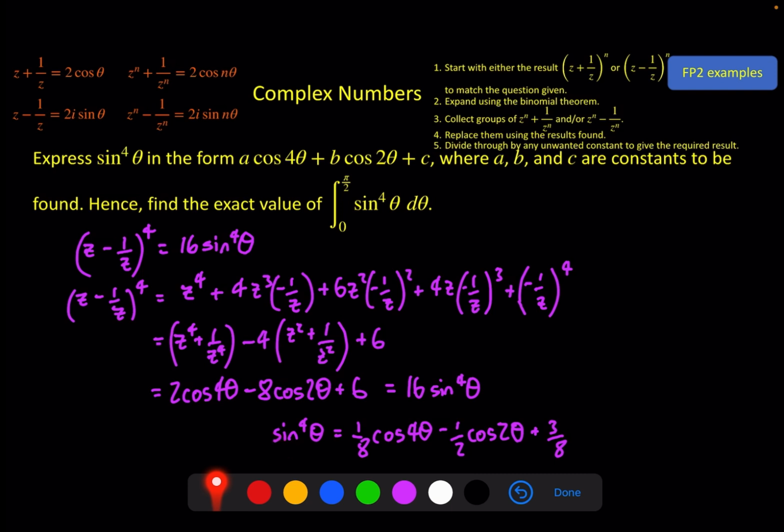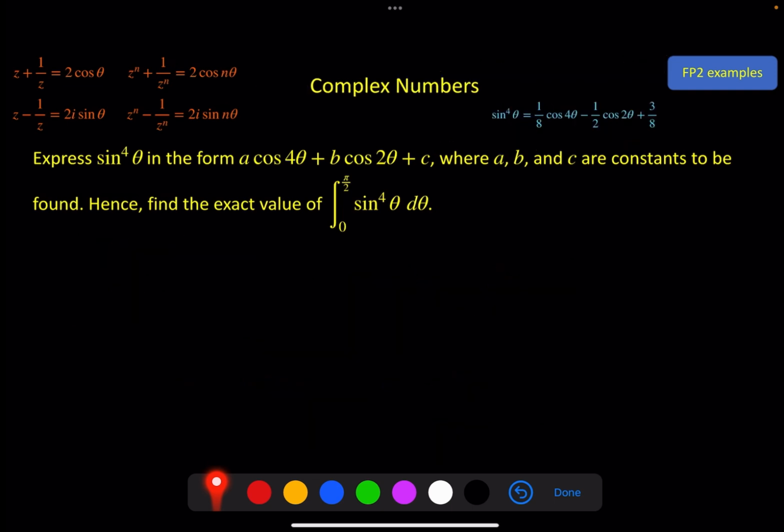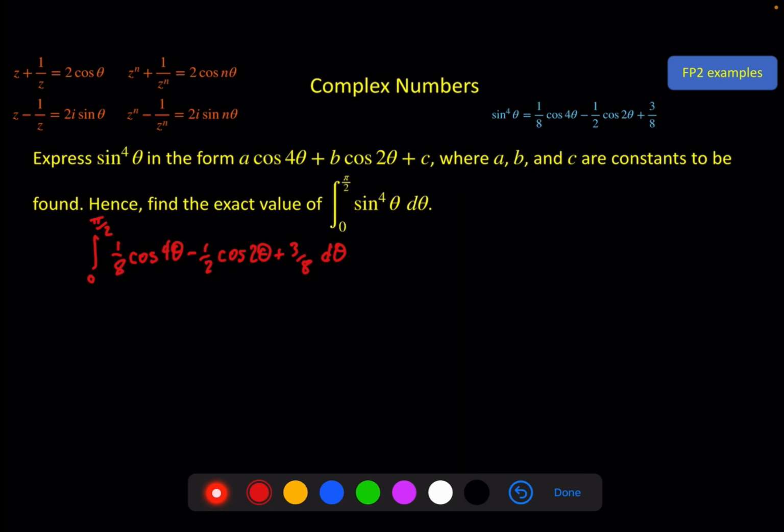Now we can go ahead and put this expression into this integration, and the integration becomes much easier. So I'll do that on the next screen. There's our result up there. Putting it in, we get the integral from 0 to pi by 2, 1 over 8 cos 4 theta minus 1 over 2 cos 2 theta plus 3 over 8 d theta.